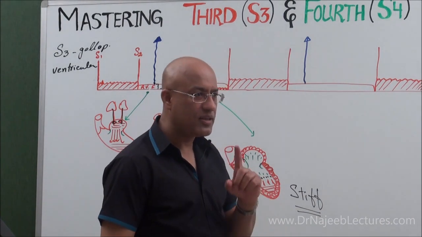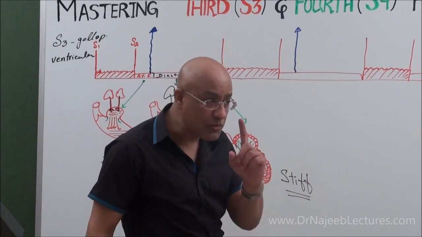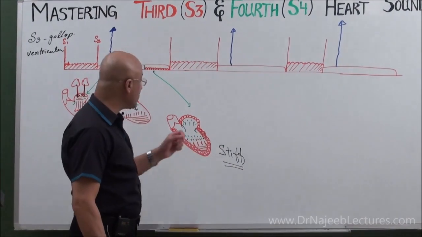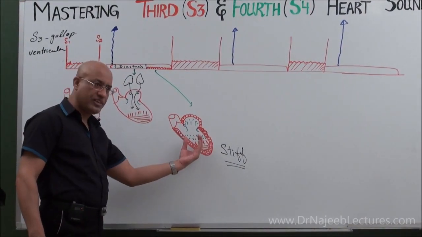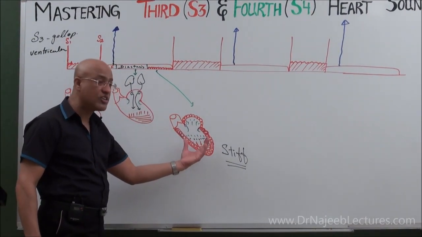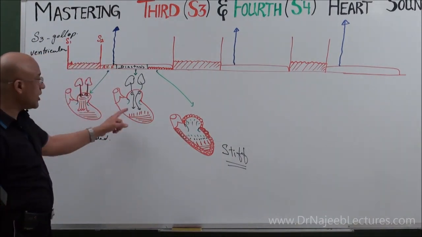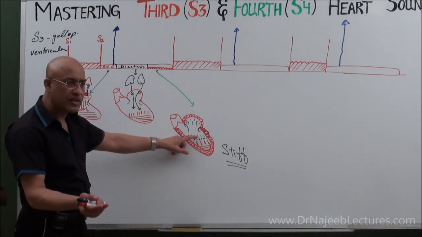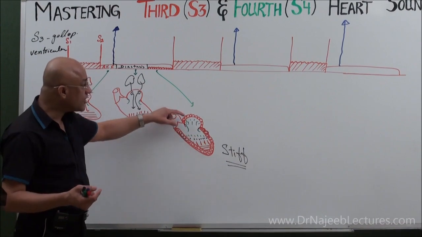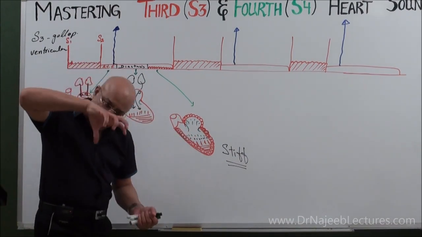In those patients in which the left ventricle is stiffened, because it is stiff, it does not distend. If it does not distend with initial filling, pressure in this area becomes significantly high. Then the atria have to push the blood with strain.